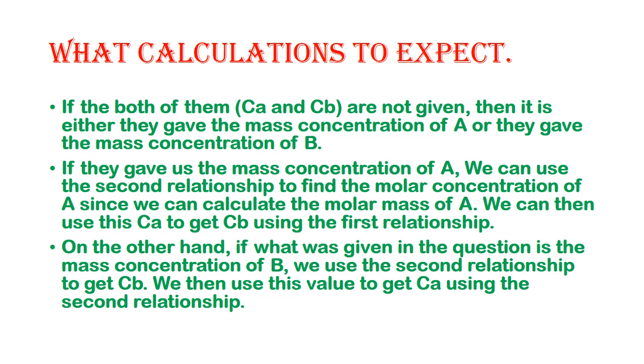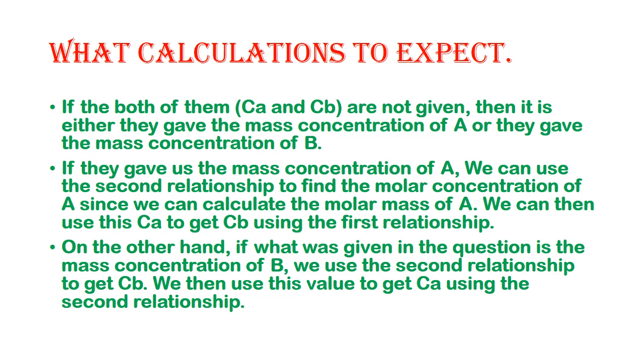Then most likely they will ask you to calculate the concentration of B in gram per dm³. Having gotten Cb from CaVa over CbVb equals Na over Nb, you can get the concentration of B in gram per dm³ using the same relationship.